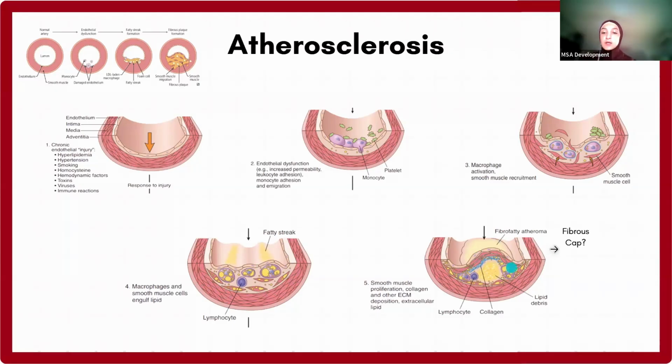This is all called a fibrofatty atheroma, so it's going to form an atheromatous plaque. We're going to talk about this more. Now, which layer specifically are we talking about when we say a fibrous cap or a fibrofatty atheroma?